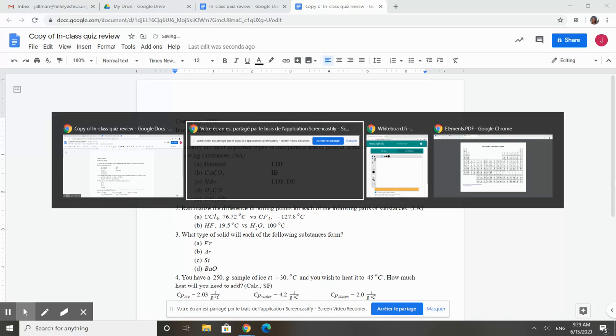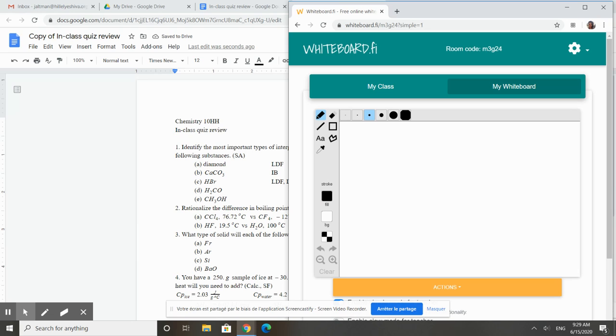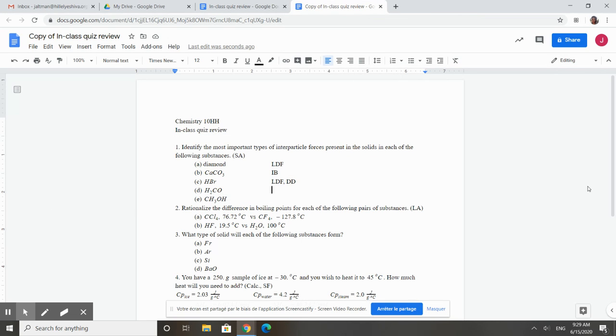For D, we're actually going to want to draw this out before making our decision, to see if the oxygen and the hydrogen are connected or not. Since the hydrogen and the oxygen are not connected, while it has dipole-dipole forces, it does not have hydrogen bonding.